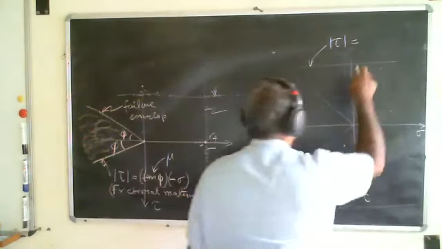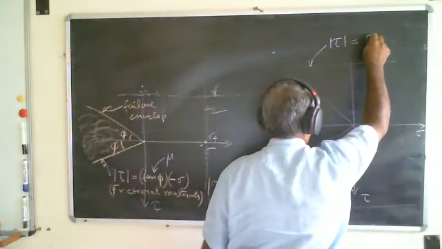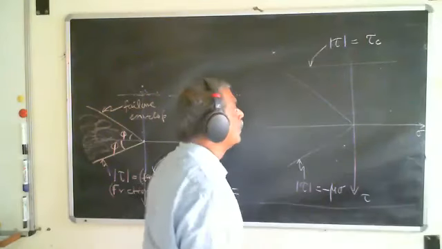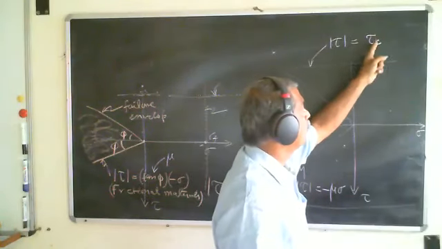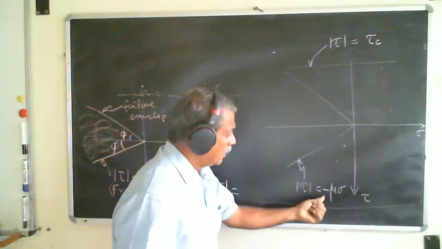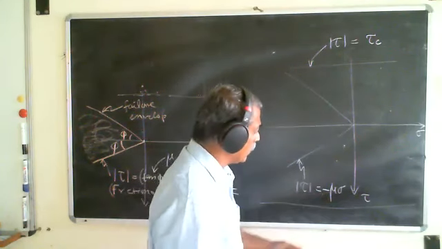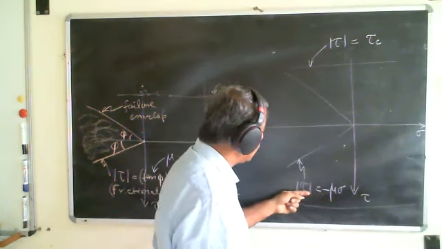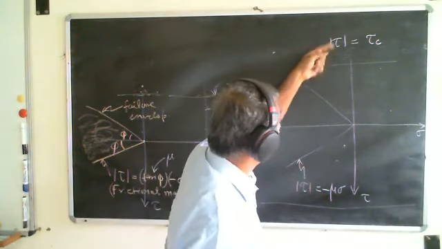This is equal to tau c, a positive value of tau c, and you have minus mu sigma here. Now, it is neither this nor that, but a combination of these two.